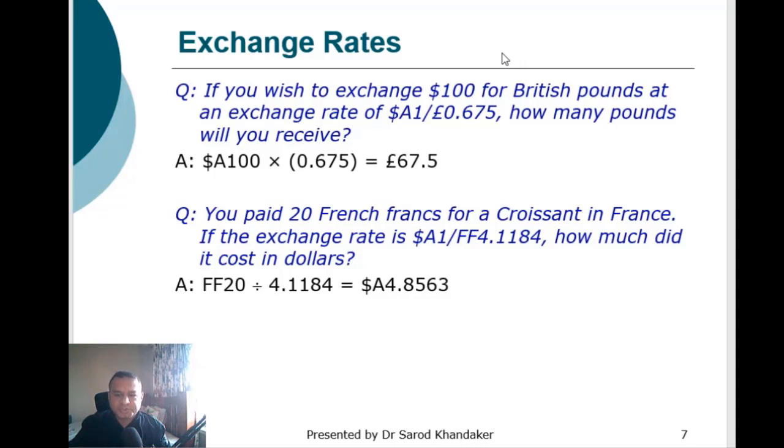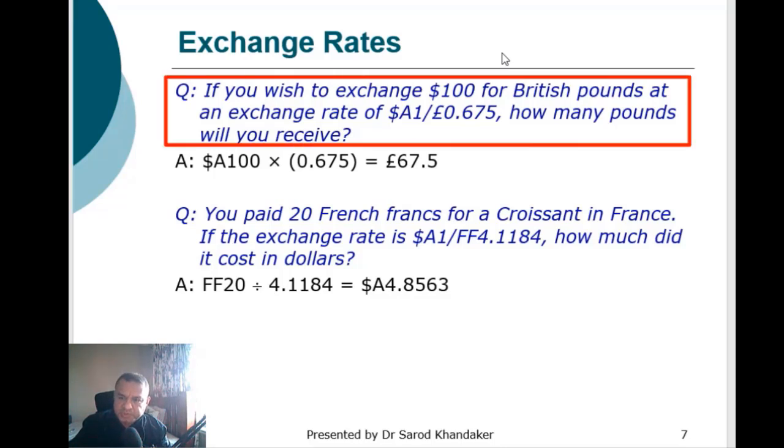So let's put a question. If you wish to exchange $100 for British pounds at an exchange rate of, for example, $1 equivalent to 0.675 British pound, how many pounds will you receive?